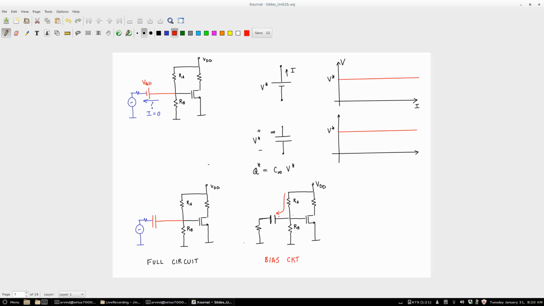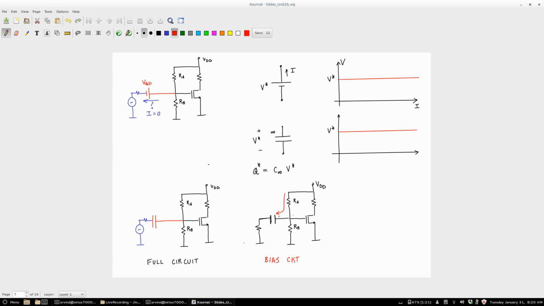One way: since it's a capacitor and the bias circuit involves only DC, you are looking at an impedance of 1 by j omega with omega equal to 0, so the impedance is infinite, and effectively the capacitor is not there. So current is 0. That's one way of analyzing this circuit. Another way is to say that there's this capacitance and I'm going to have current.